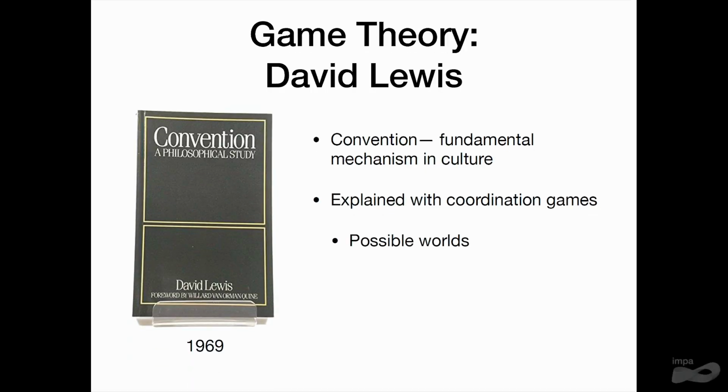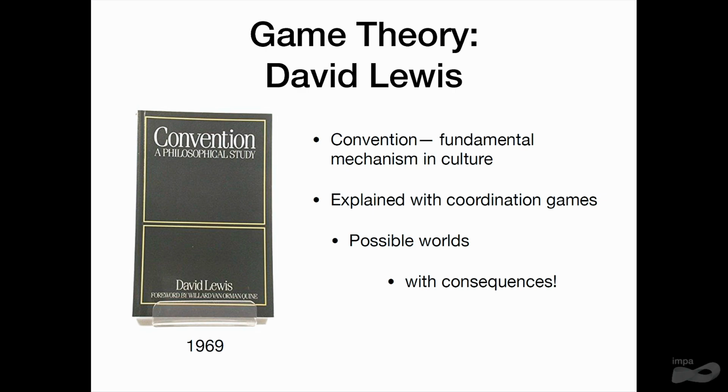And the idea with philosophers in logic, philosophy, they like to talk about possible worlds. So there are many possibilities of how the world could be, what could be the truth of certain logical statements, logical primitives. And the fascinating thing with coordination games in game theory is that game theory captures possible worlds with consequences.